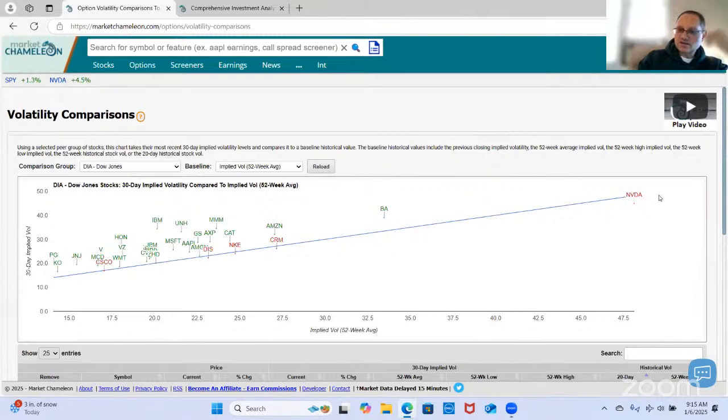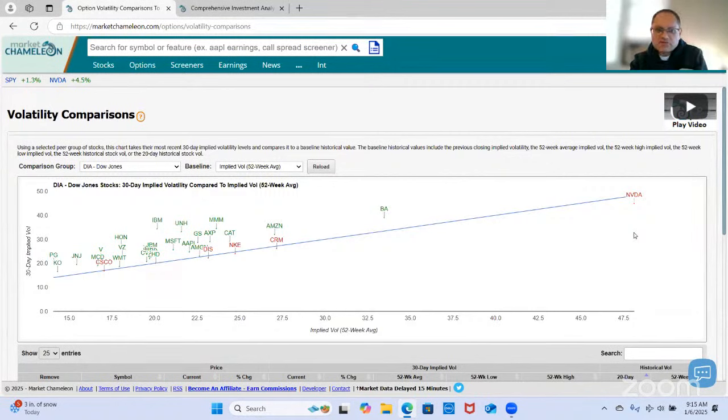And you could see here that even though NVIDIA is over here at somewhere around 40 volatility, if we looked at its implied volatility over the last 52 weeks, you can see it's trading somewhat below its 52-week average. Compared to itself, it's not that high. Usually it trades at a higher volatility than all these other stocks, right?